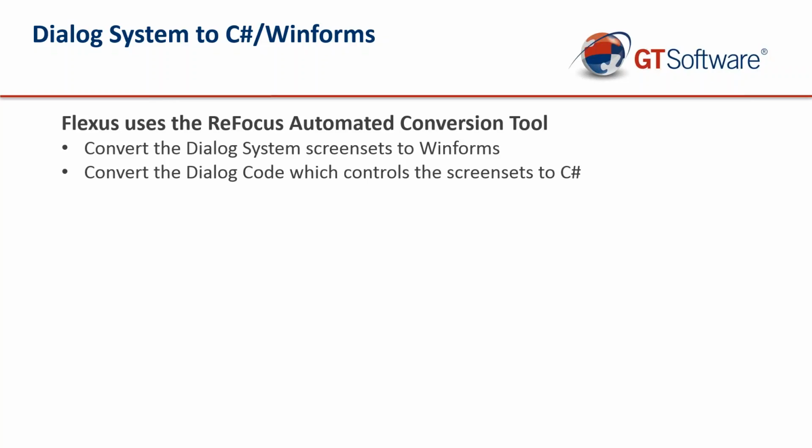And when you do that, you would simply send those to us on a secure FTP server under a non-disclosure agreement, of course. And we take the screen set export file and we convert those to Winforms definitions.